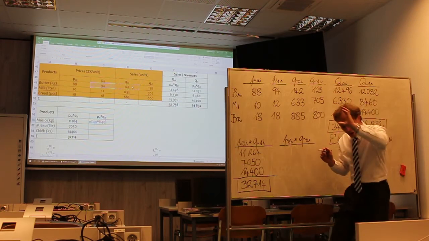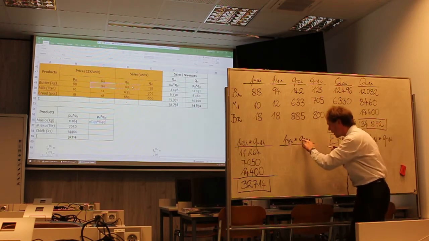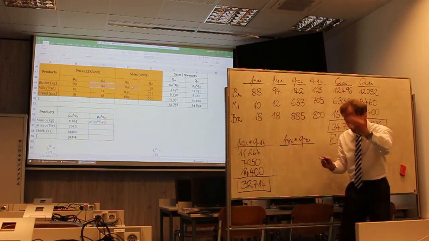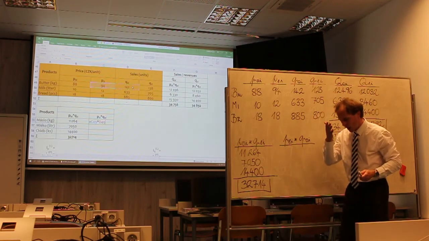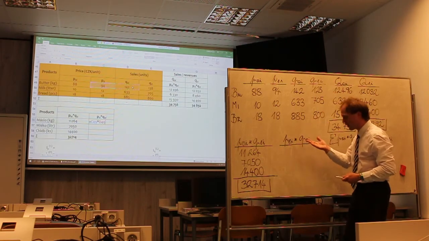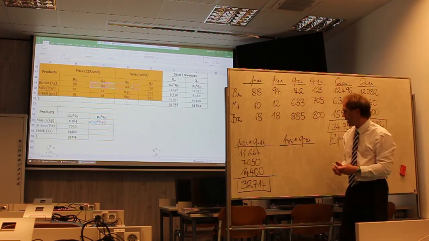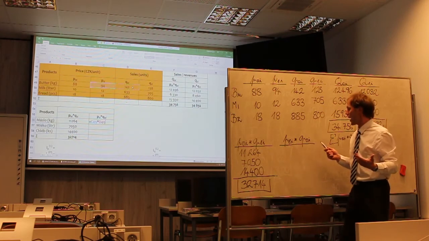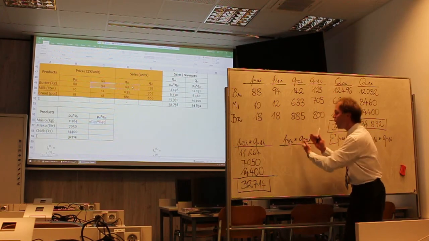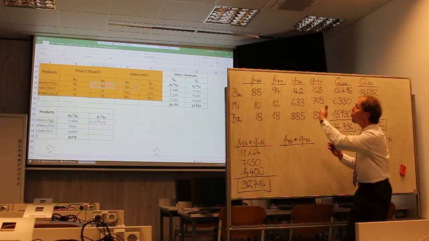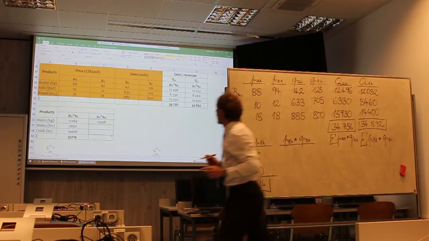So you can imagine you are selling the products in year 2000, and you are using future prices from the next year. You are expecting that next year the prices increase, for example, because of inflation. So you can imagine how much money you earn if you use new prices from the next year.